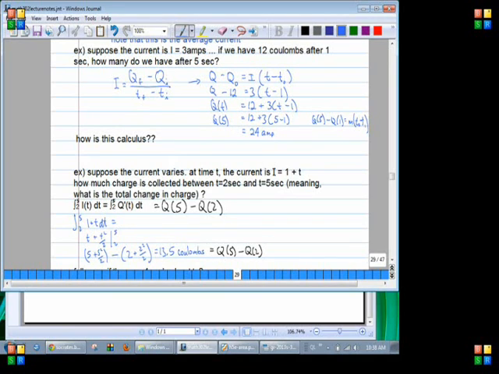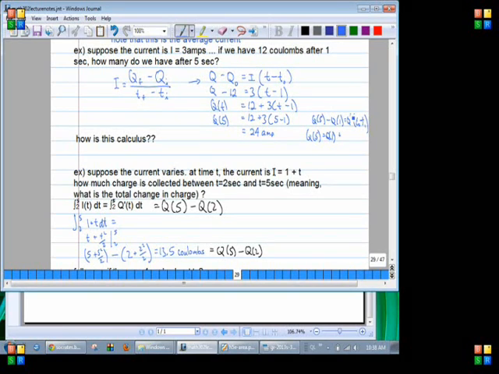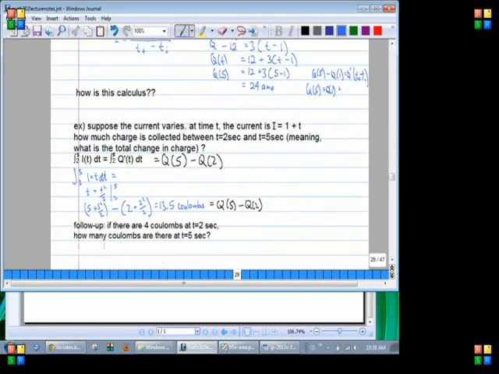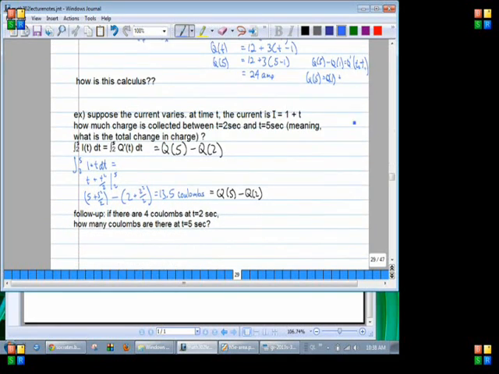And now I'm going to say Q5 equals Q1 plus M times the change in t. M is the same as I, but I is Q prime. Why would it be just q prime?